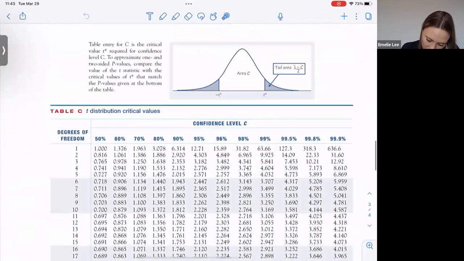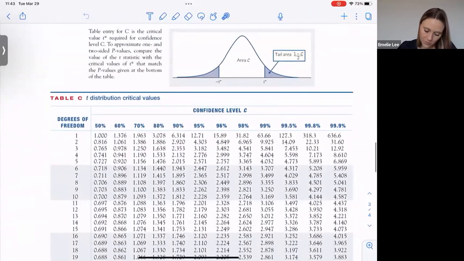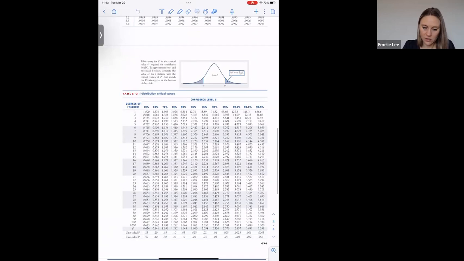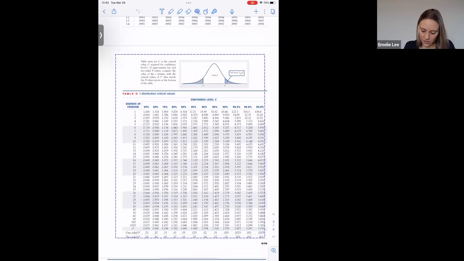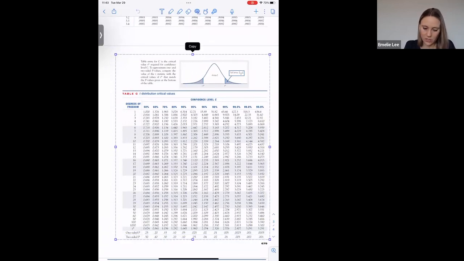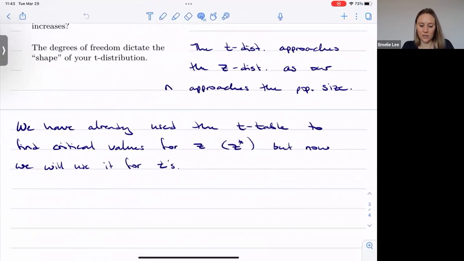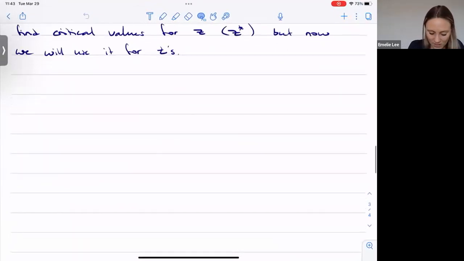I'm going to see if I can maybe screenshot all of this, although it might be tricky. And there are other t tables out there. I think the textbook one looks slightly different. I like this one, and I'll show you why I like this one.